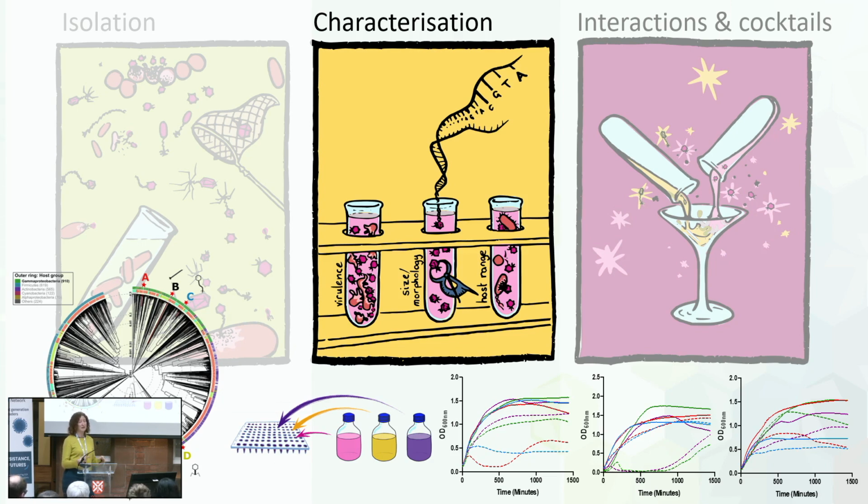Once we have our non-harmful phages, the next stage of the characterization is checking that they're going to work in the environment that we want them to work. So this involves using different media. We test our phages with their hosts against different media, and in these little graphs, you don't have to take in all the details, but the solid lines of different colors are the different media, and the dashed lines are when we've added the phage to them.